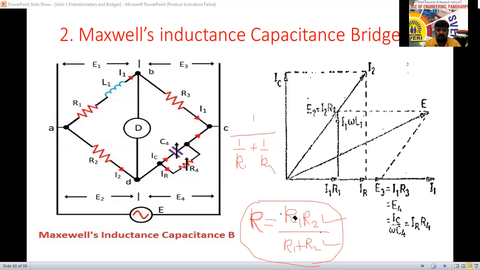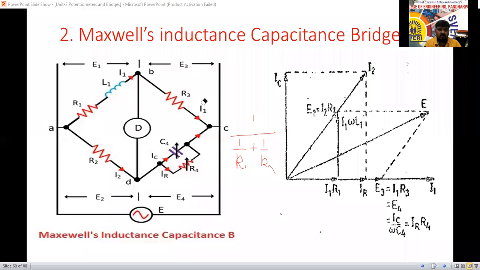Confused? Okay, I will erase this one. What we can write here: this equation, 1 divided by this one. Take the LCM, that is R1 R2. Here R2 is already there, so R1 multiply, plus here R2 is there, R1 multiply, R1 plus R2, divided by LCM R1 R2 here.